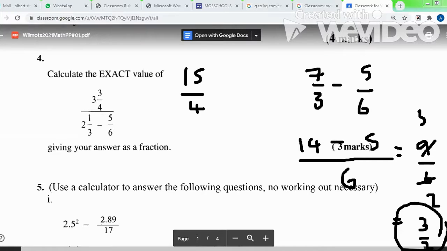It's one thing to understand about CXE: you can do a question and get the same answer, but your method is incorrect. What examiners are looking for is reduction. They're looking to see if you're reducing your answer to its simplest form.